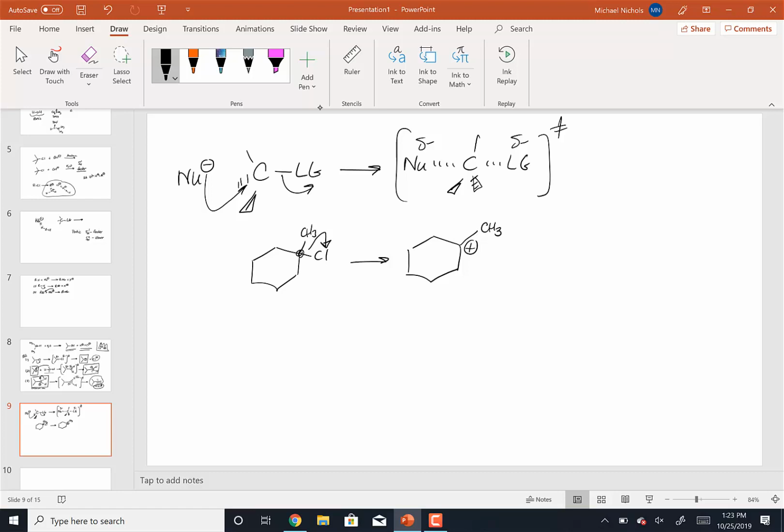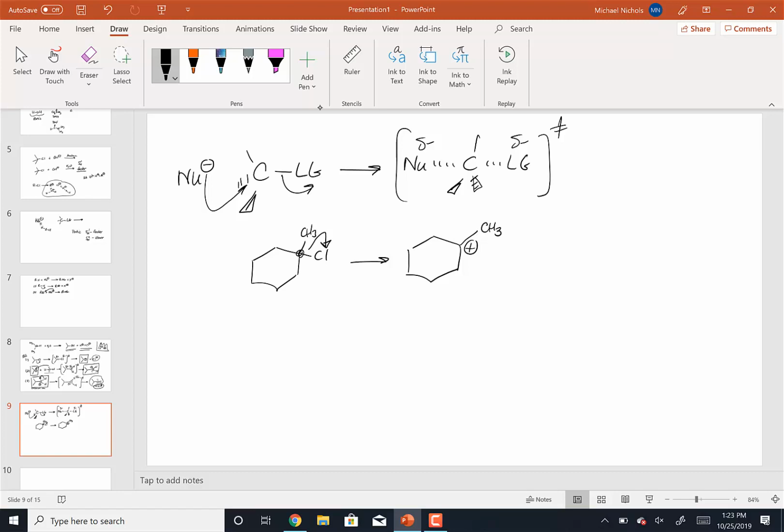Why? There's too much steric hindrance for SN2. So that's why tertiaries cannot undergo SN2.